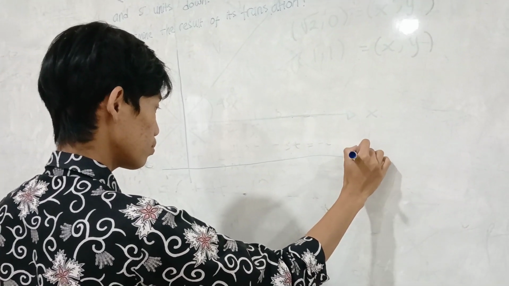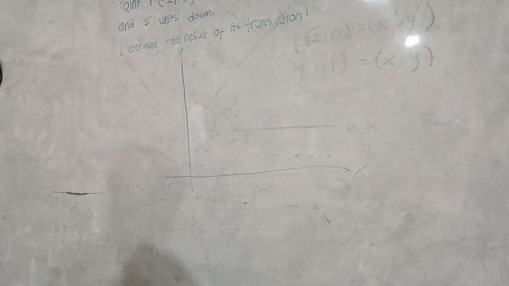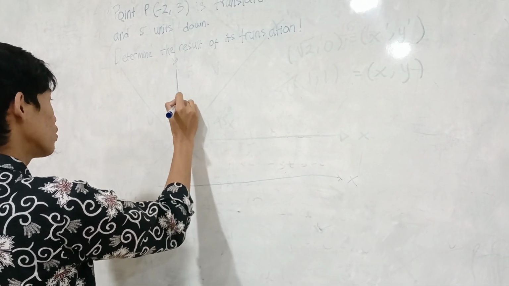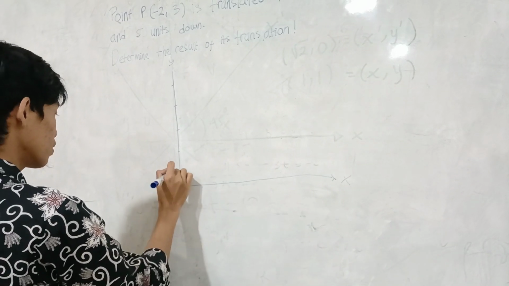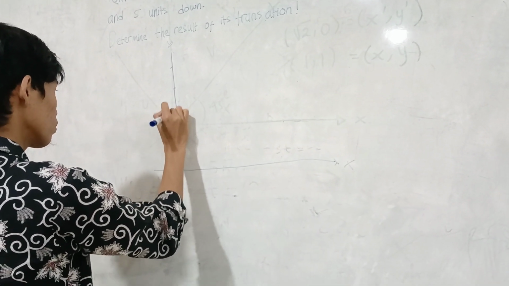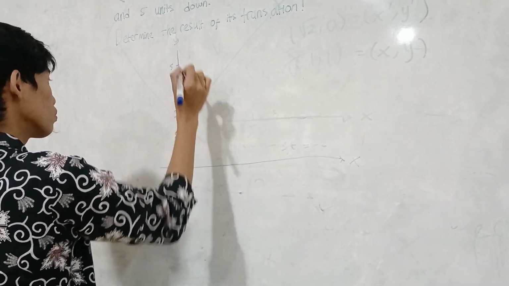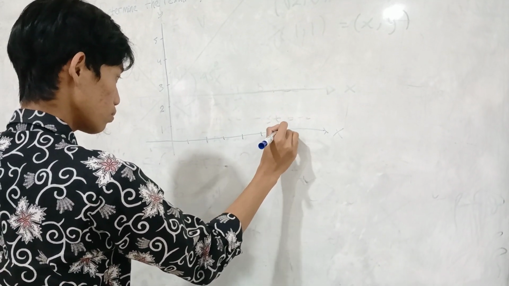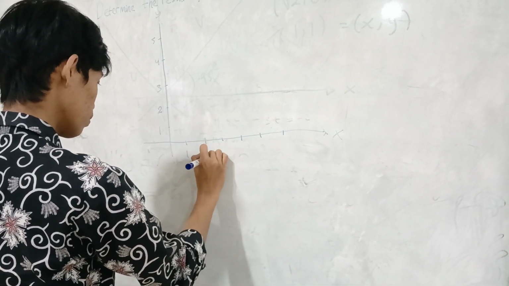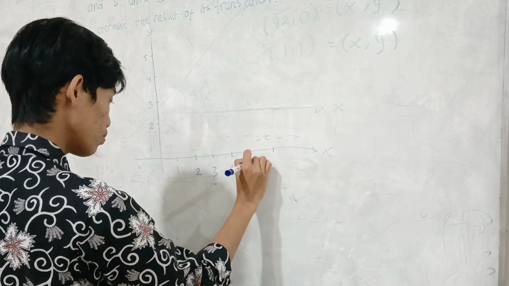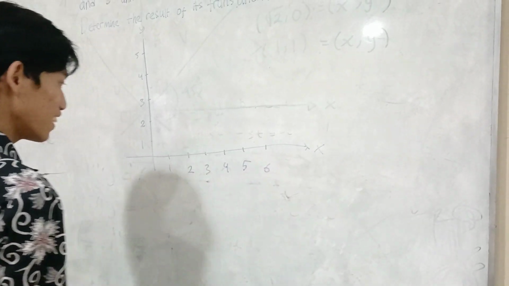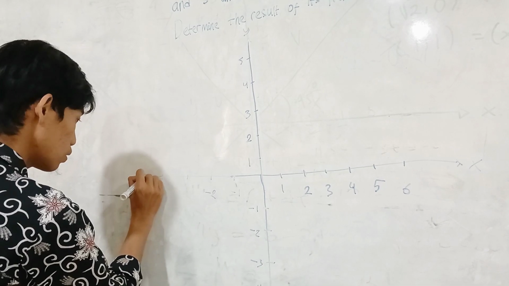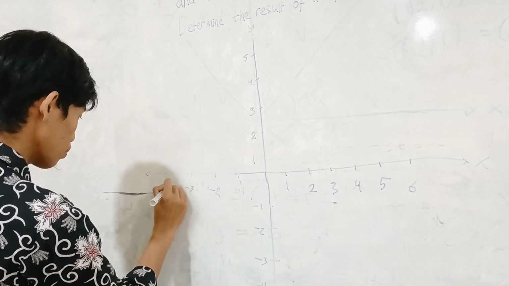And then you plot point P (-2, 3). Okay, good, Angga.